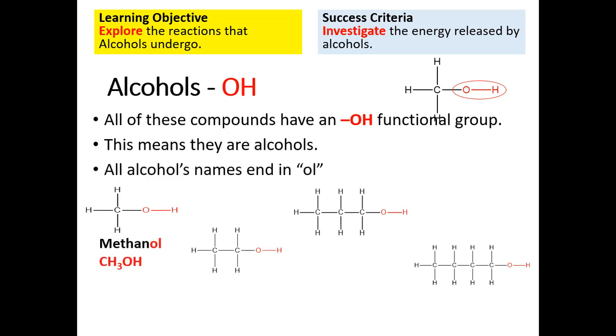Okay, so the first one, methanol, if we look at that structural formula, CH3OH. Now, technically, it's CH4O. If we were just to put it all together, you've got 1 carbon, 4 hydrogens, and 1 oxygen, if we were just to not show the structure.